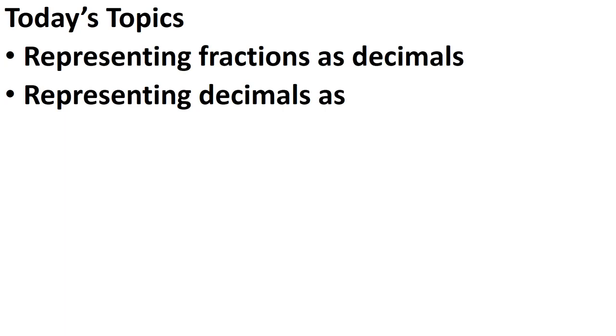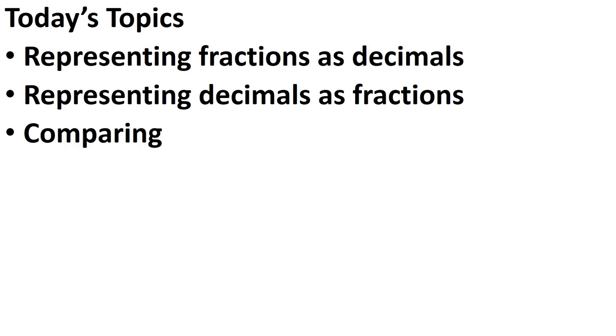Now see today's topic. Today we will do representing fractions as decimals, representing decimals as fractions. Okay, how to convert a fraction into a decimal and how to convert a decimal into a fraction. And then after that we will do comparing decimals. First is fractions and decimal numbers.